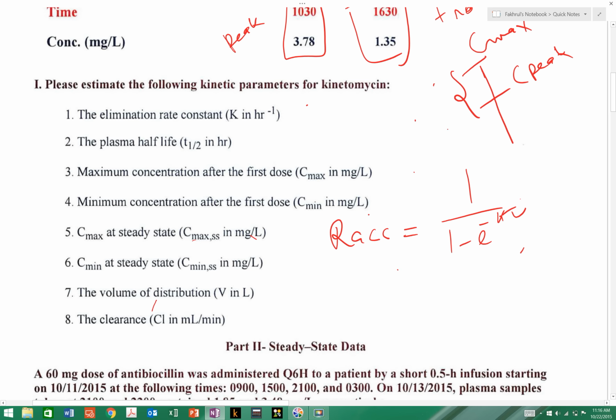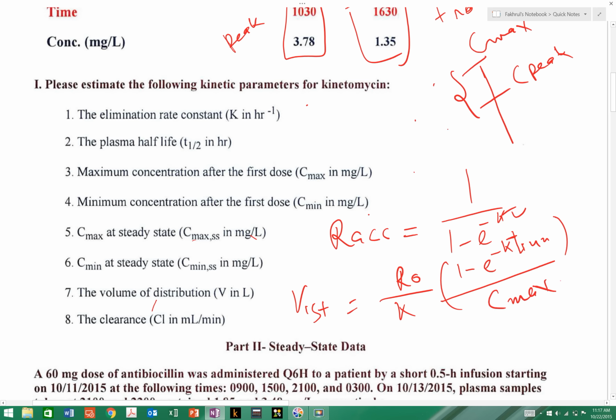And for volume of distribution, you have to use this complex equation: V first dose is equal to R0 by K, 1 minus e to the negative K T infusion, divided by Cmax.